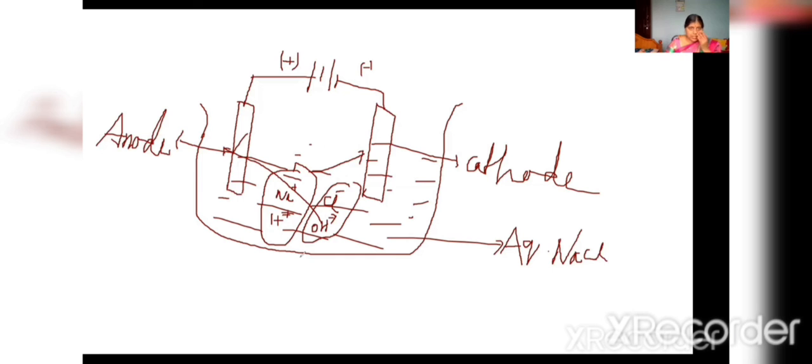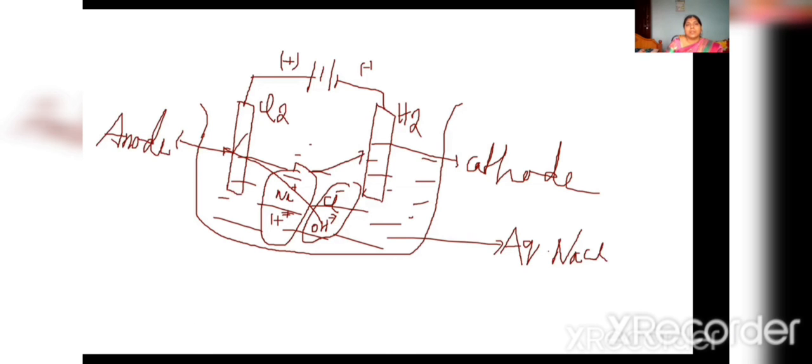In preference to Na+ ions, H+ ions will undergo reduction, so here H2 gas is formed. In preference to OH- ions, Cl- ions will undergo oxidation, so here chlorine gas is formed.